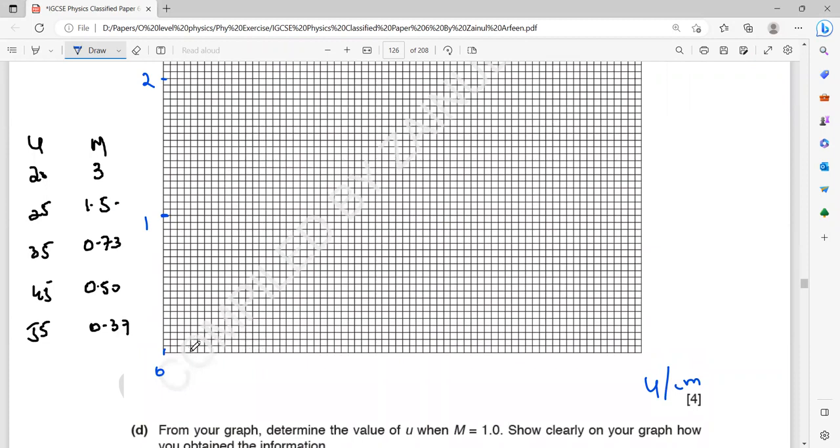For example, 10 boxes equals 10. The minimum value is 20 and the maximum is 55, so we should include them.